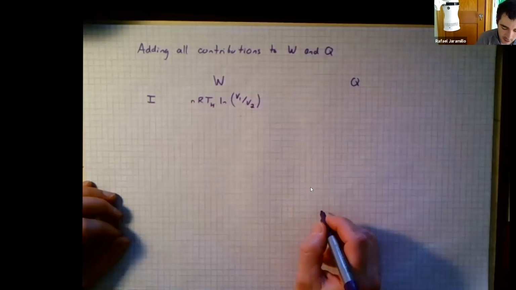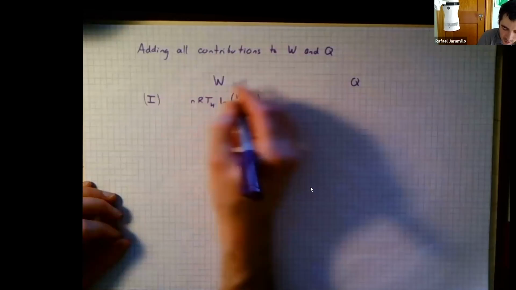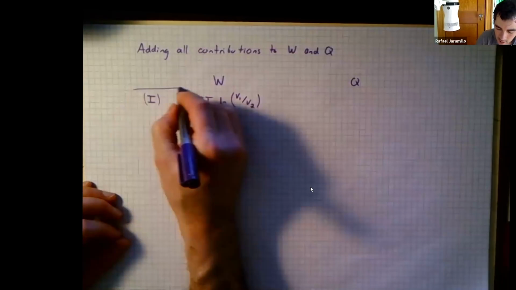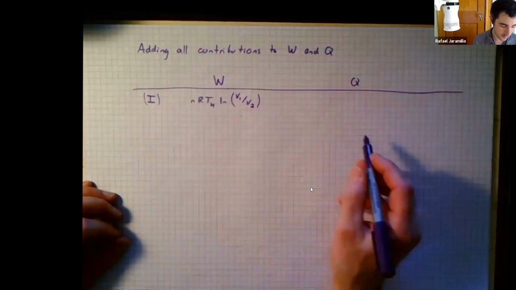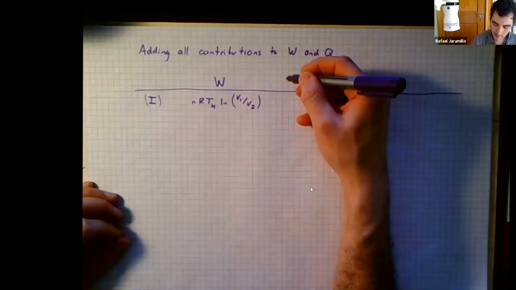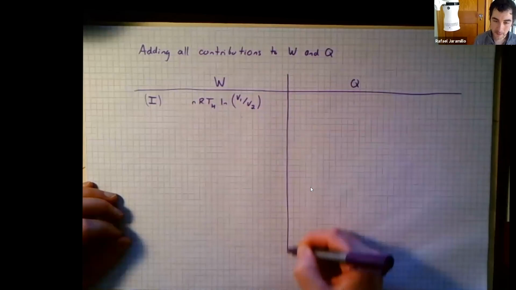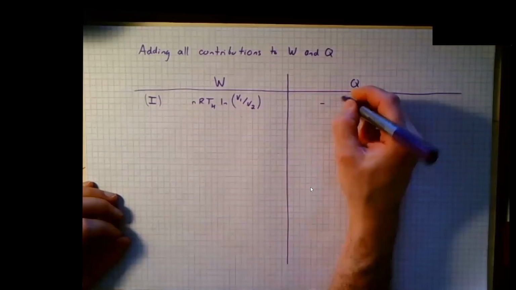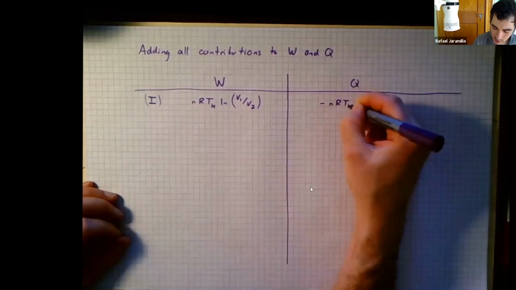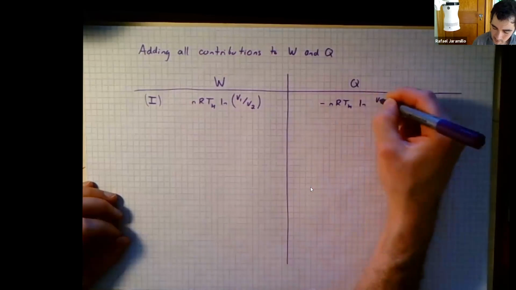Okay, so this is an isothermal process. There is the work. Somebody, what's the heat? It would be the negative of the work. Right, negative of the work, exactly. nRT_hot log V1 over V2. Good.